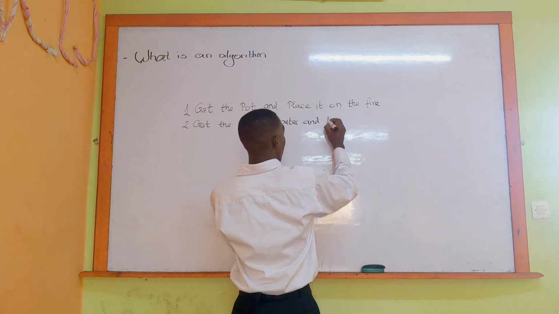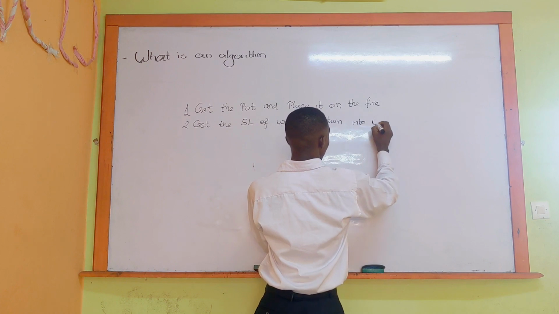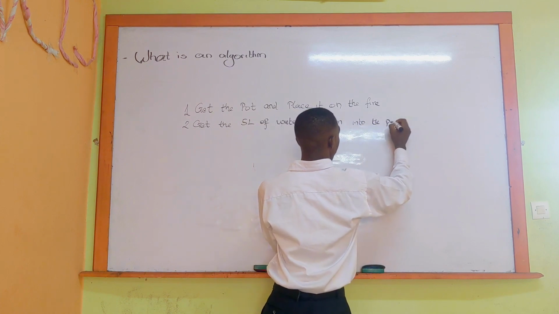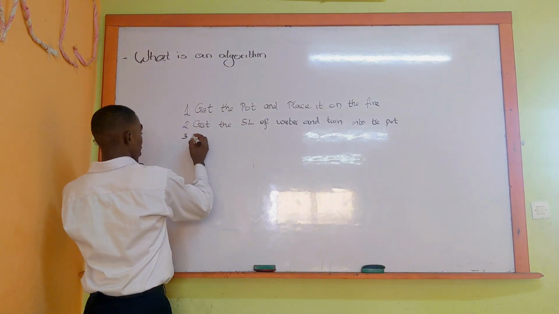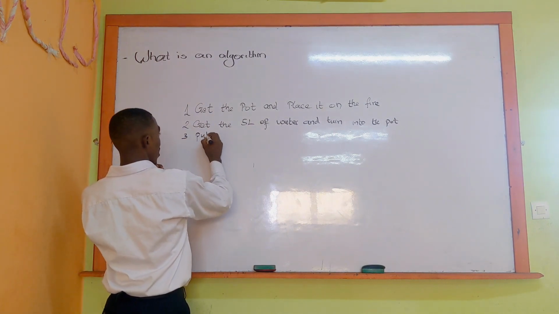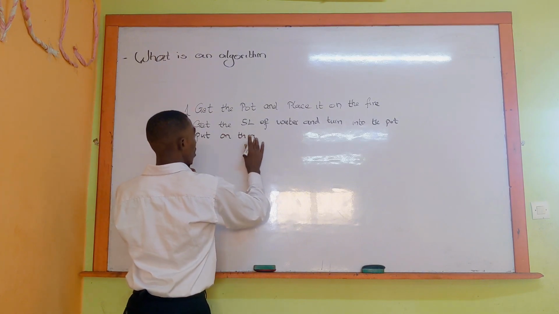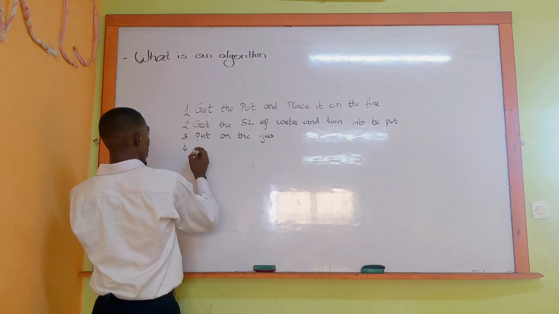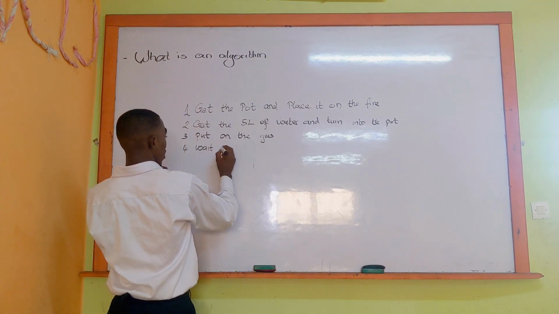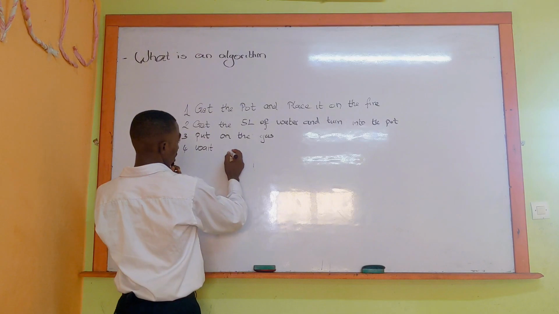and return it into the pot. Okay, now step 3, you have to put on the gas or the fire. Step 4, let's say you have to wait, let's say 5 minutes.